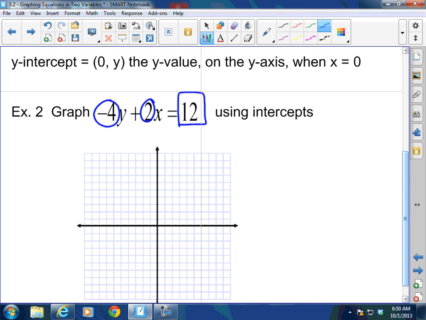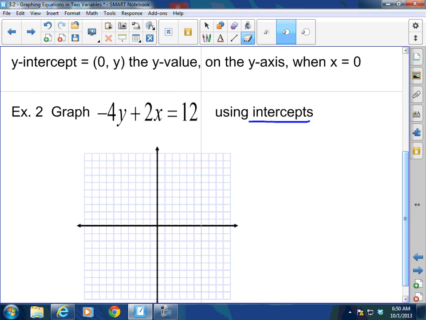If the a and the b are factors of the c, go ahead and use the intercept method to graph. Okay, so 4 and 2 are definitely factors of 12, so I can and will use the x and y intercept method to graph.